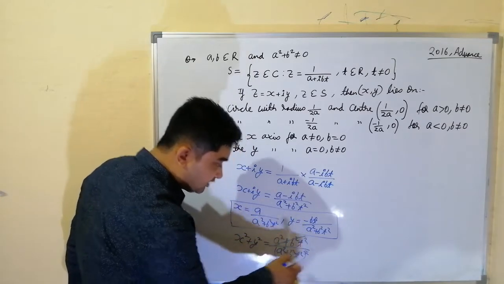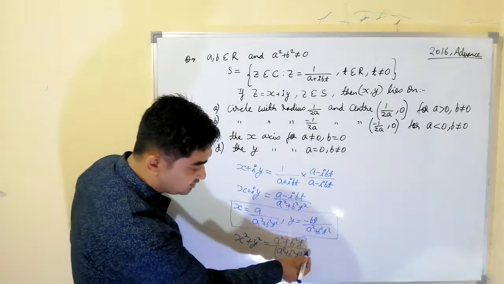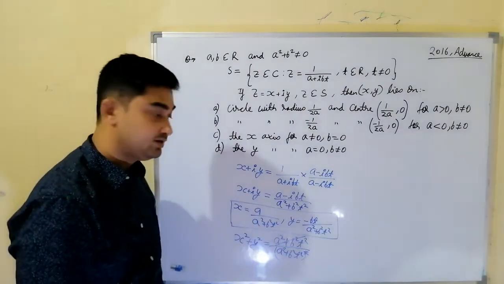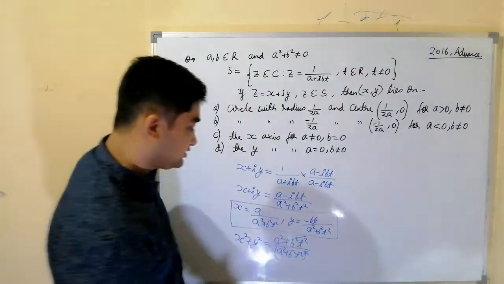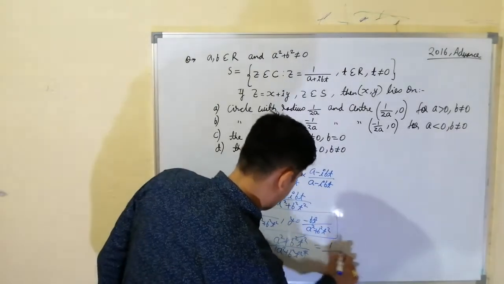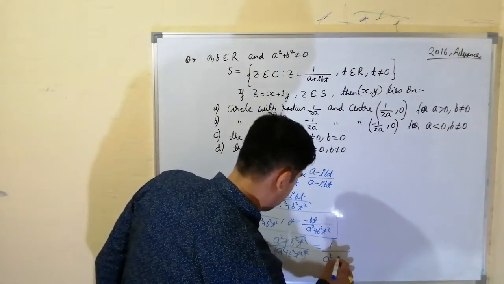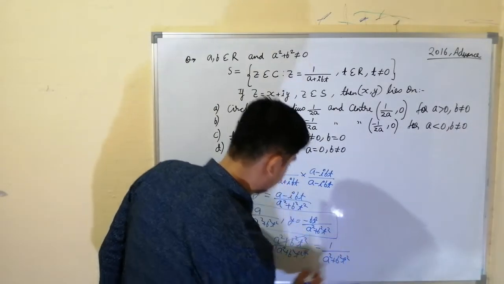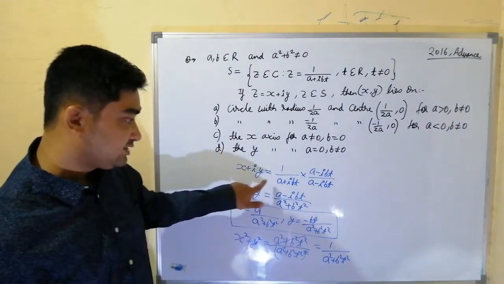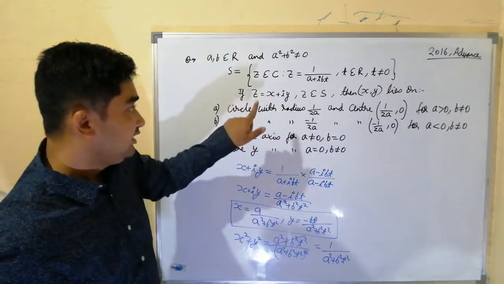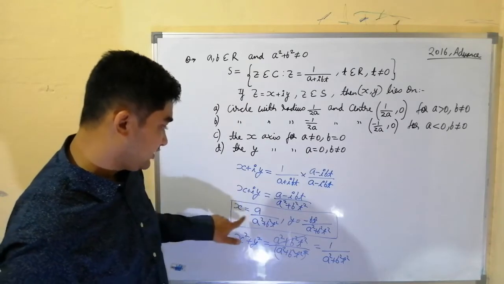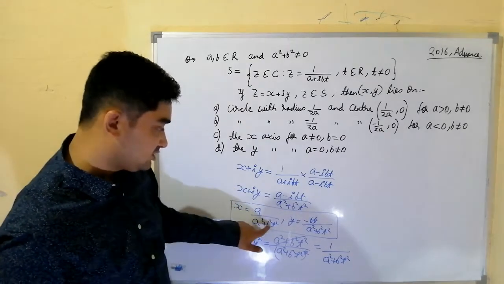Now cancelling numerator with numerator, this square will be cancelled, and we will have only one term in the denominator. That means x square plus y square will become 1 by a square plus b square t square. But what is 1 by a square plus b square t square?